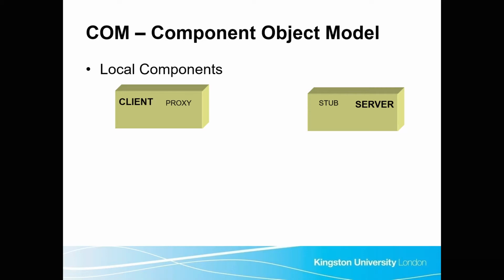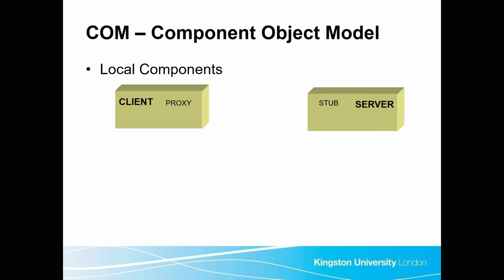And COM defined a subunit on the client side which was called proxy, and another unit on the server side which is called stub. I'm using the past tense, but COM is not dead. It's not a past standard. It's still in a way alive, so I should use the present tense here.